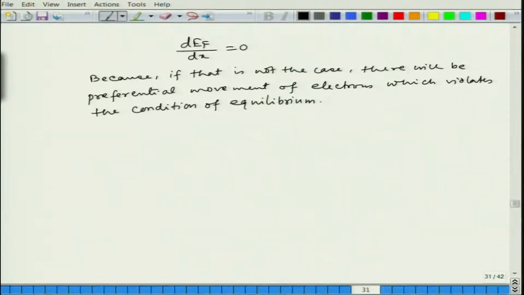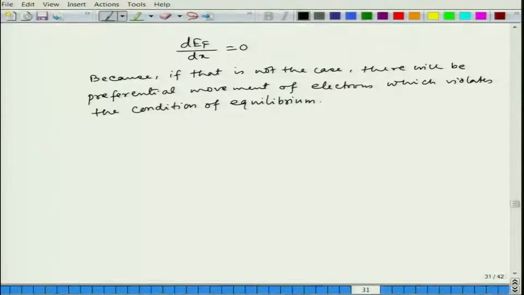So, you start with some hypothesis, okay, if this is true, and then you end up with something which is unphysical or not possible. Then you say, okay, the first thing we have assumed that cannot be true. This is how the principle of negation or the argument of negation works, and that tells us that constancy of Fermi level has to be maintained.